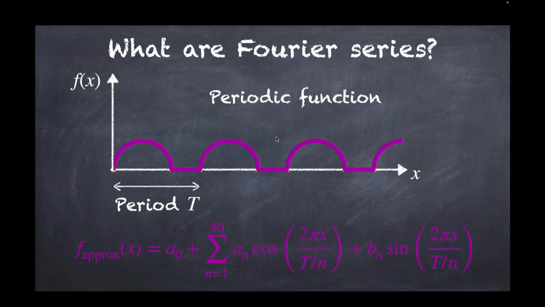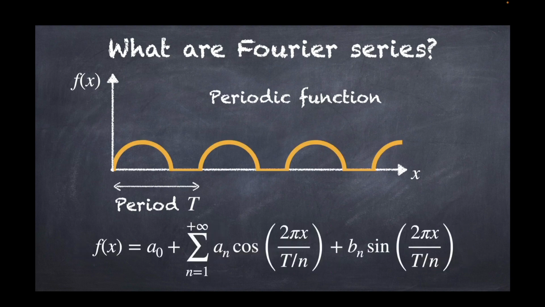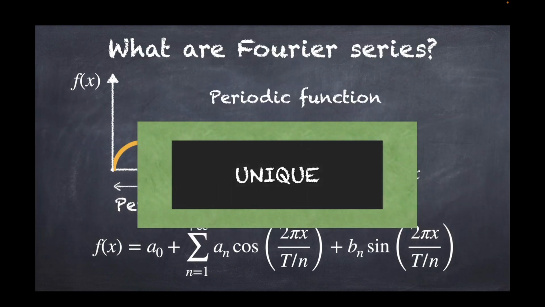Now, the thing here is that, like in chemistry, this function is actually uniquely characterized by this particular thing. And so I think that's quite important. It's unique: as long as you have a periodic function, it is going to have a uniquely characterized Fourier series expansion.